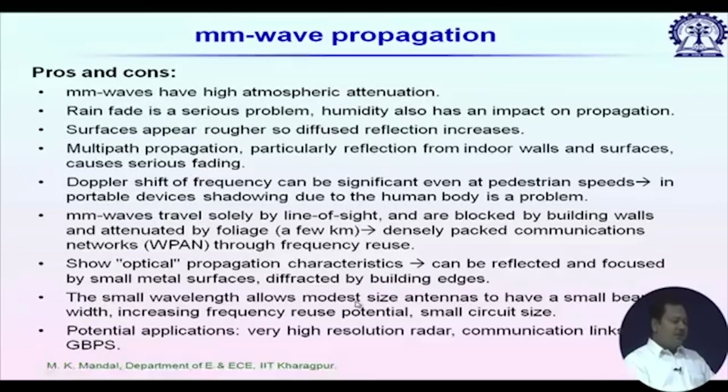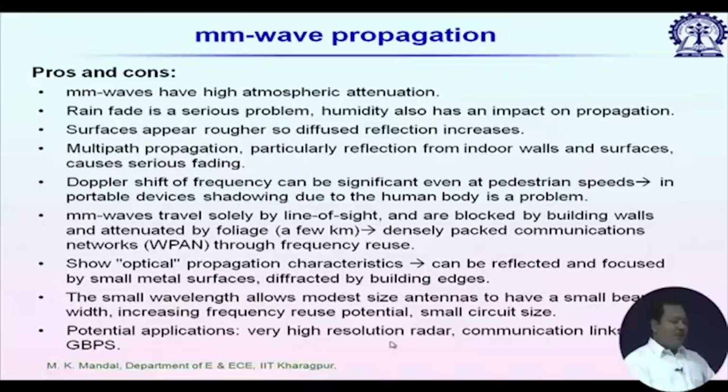The wavelength at millimeter wave, as we have discussed, is 10 millimeter to 1 millimeter, and resonating antennas typically have a length of half a wavelength. So, it is then 5 millimeter to 0.5 millimeter. That means the antenna size decreases.